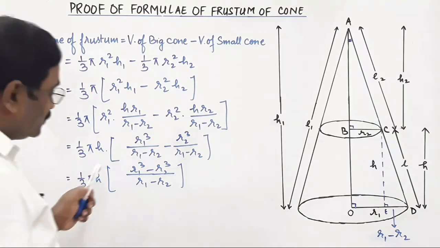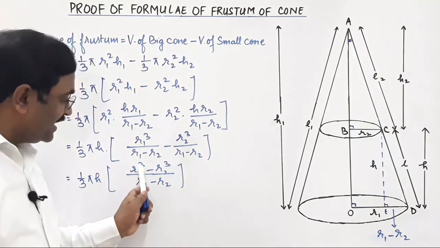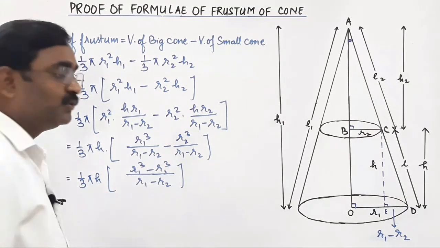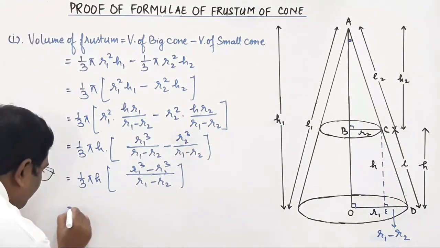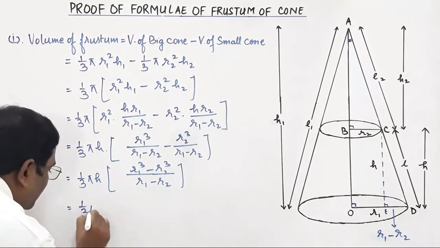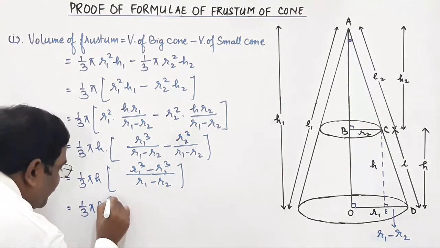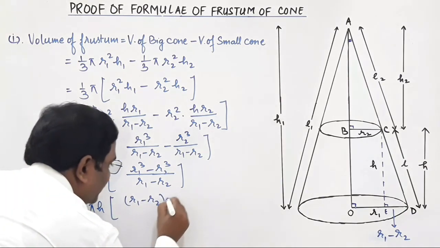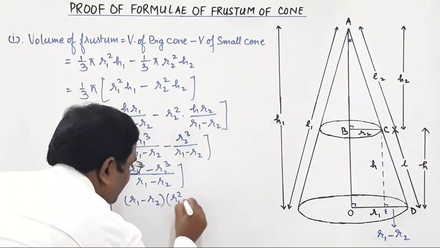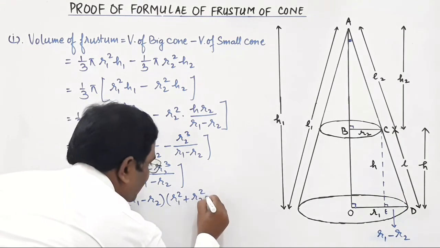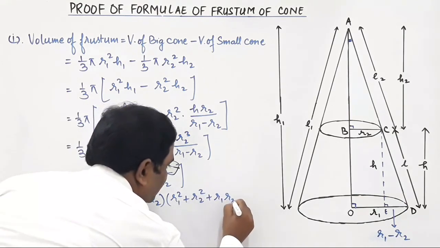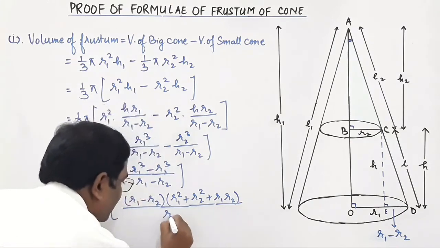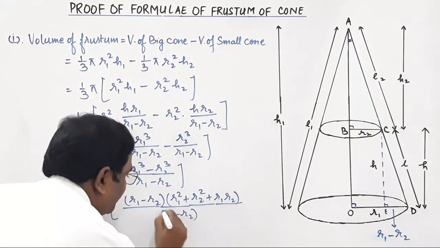Right? Now apply the formula of A cube minus B cube to R1 cube minus R2 cube, which is equal to 1/3 pi H, R1 minus R2, meaning A minus B, into R1 square plus R2 square plus R1 into R2, divided by R1 minus R2.